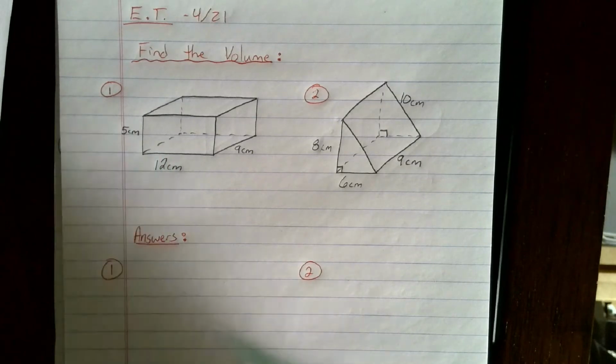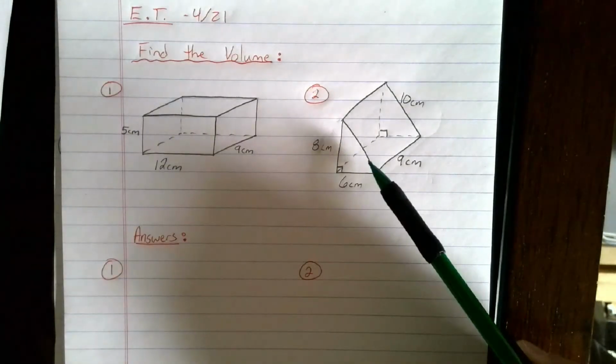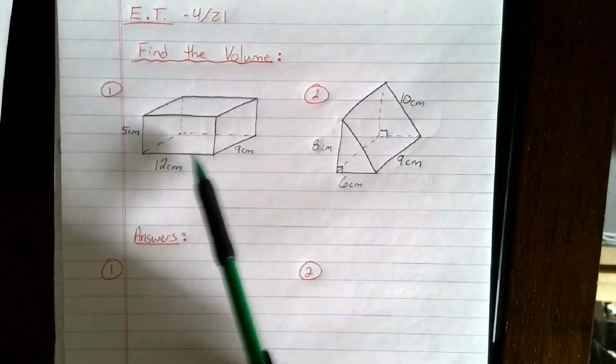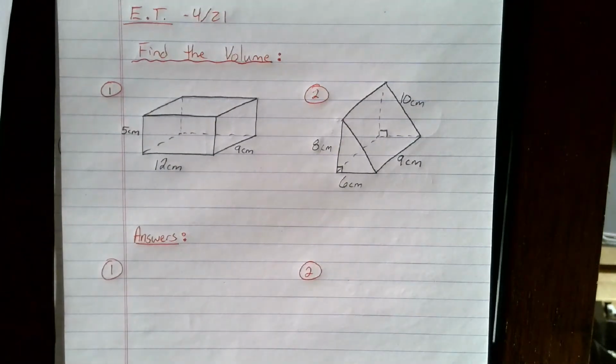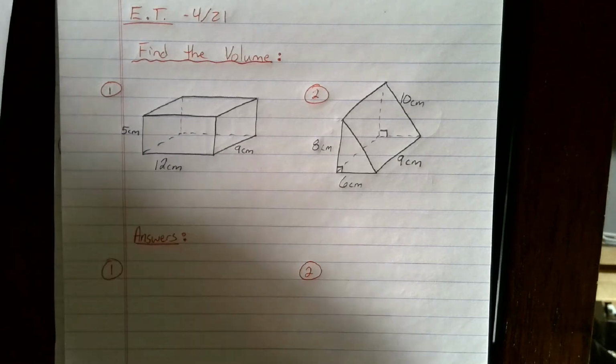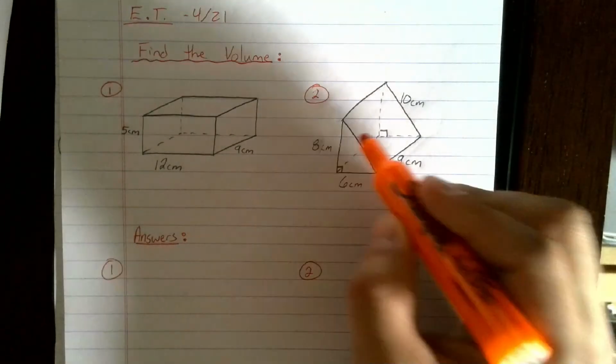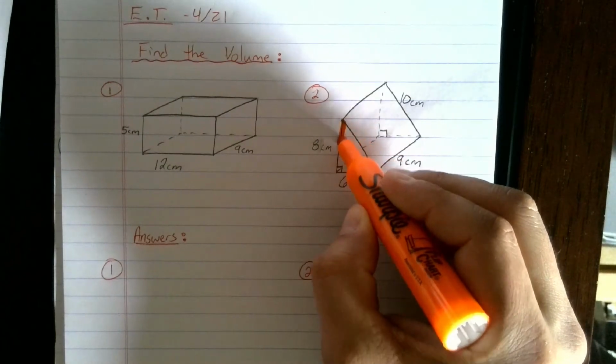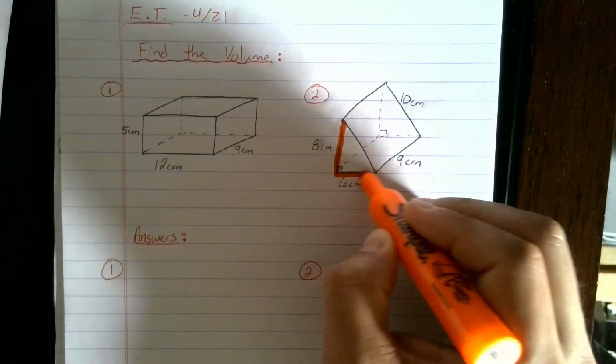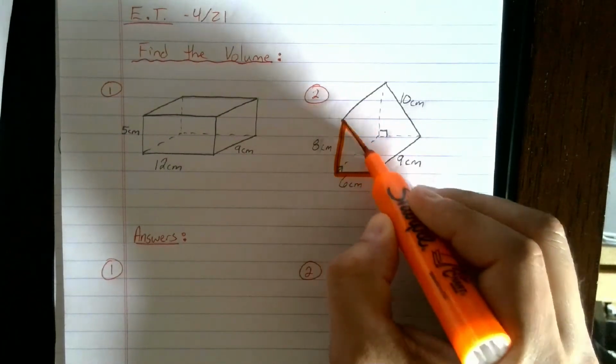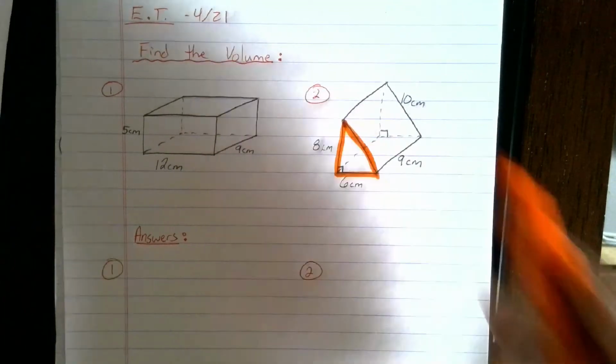When you have the volume of a triangular prism, or anything that's not just a rectangular prism, you really want to think of it as the area of the base, and then stacking that up for the whole height of that. So what you're really going to want to do here is finding the area of this front triangle. Okay, so it's a two-dimensional area.